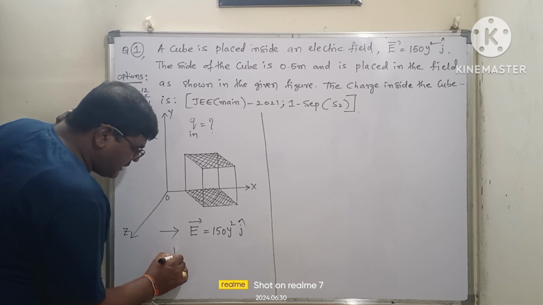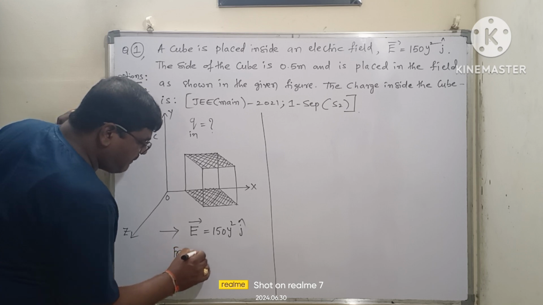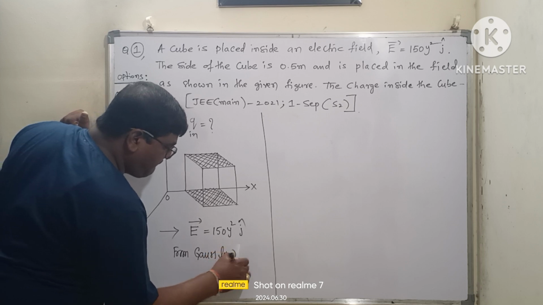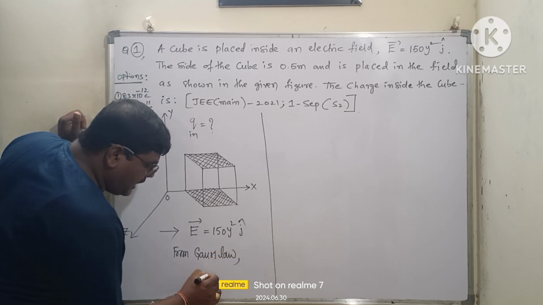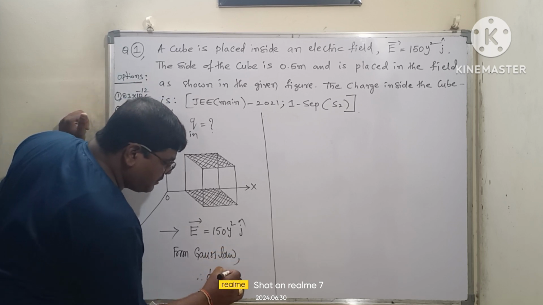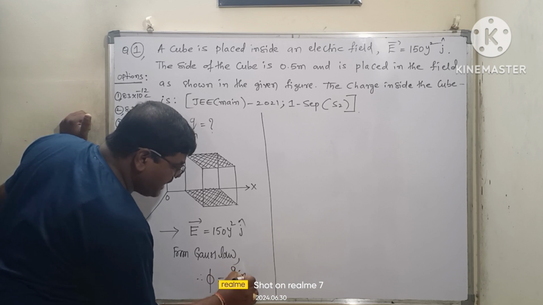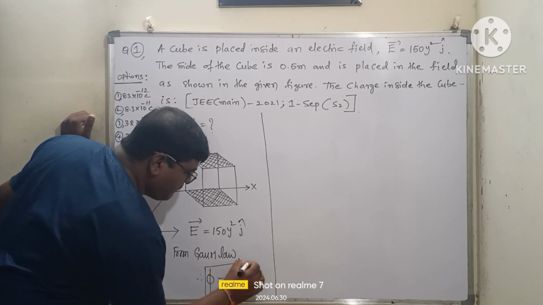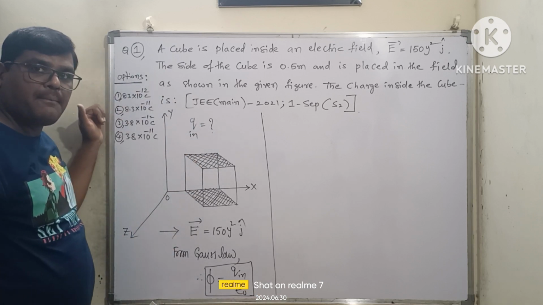Now first we have to find the charge. From Gauss law, we know that the electric flux is equal to charge inside by epsilon naught. This is the formula according to the Gauss law.